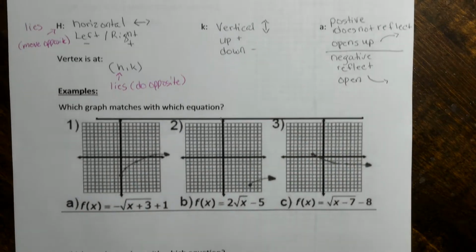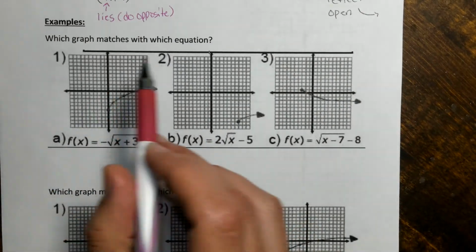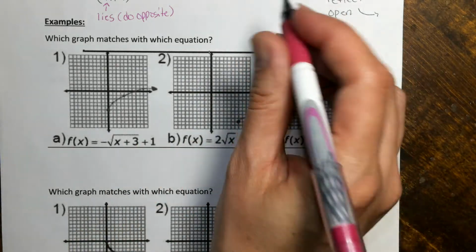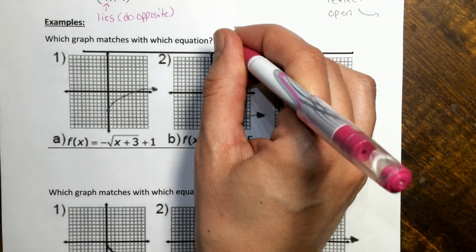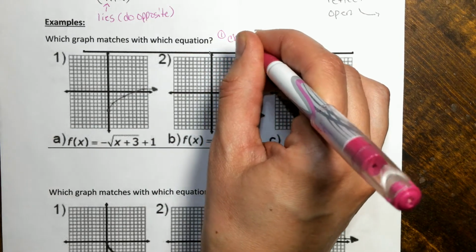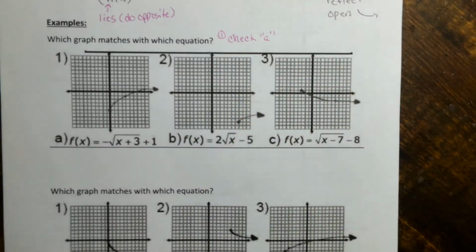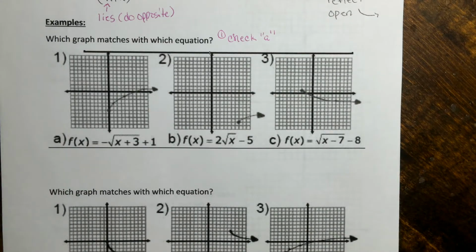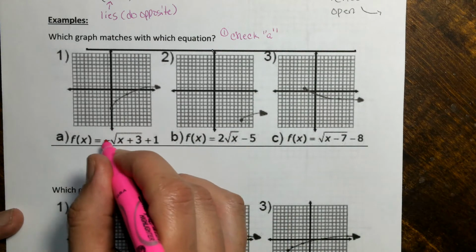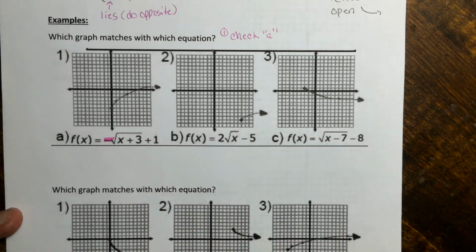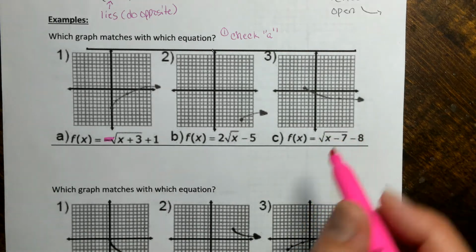All right, so when we're looking at these equations and we're trying to match up which equation goes with which graph, the first thing I'm going to do is check a. So if you're looking at our choices right here, you see that a is right here, so it's negative. a here is positive 2, and a here is a positive 1.